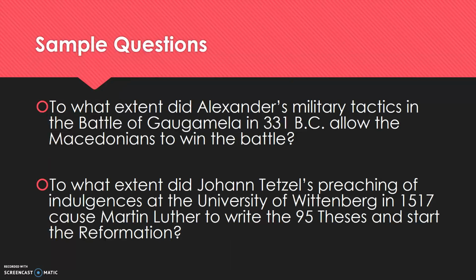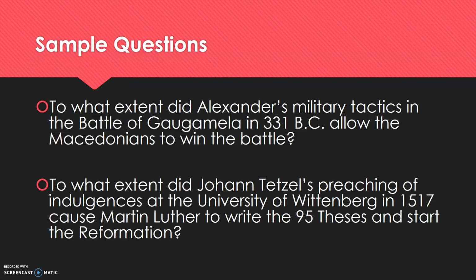The second one is, to what extent did Johann Tetzel's preaching of indulgences at the University of Wittenberg in 1517 cause Martin Luther to write the 95 Theses and start the Reformation? So this is a question that has to do with the Protestant Reformation, and the student was really interested in why did Martin Luther start the Protestant Reformation, and why did he write the 95 Theses?